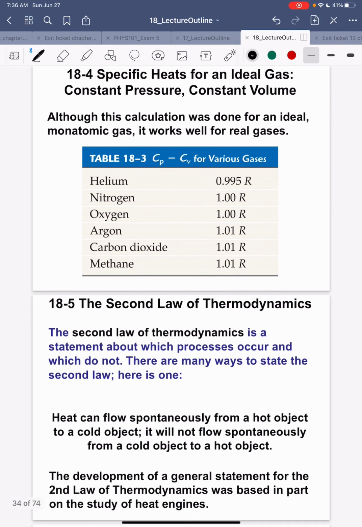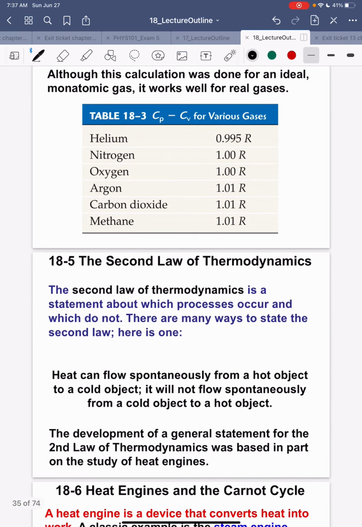Now, the second law of thermodynamics. We are going to see that we have more than one statement for the second law, but it is mostly about processes that can occur and the ones that cannot. There are many ways to state the law, and we are going to go through more than one.